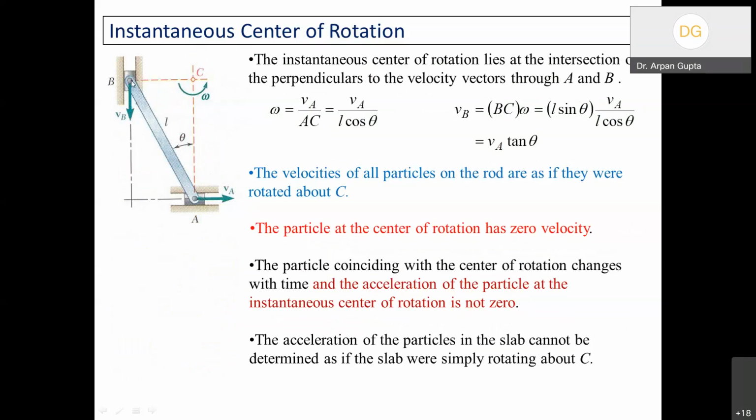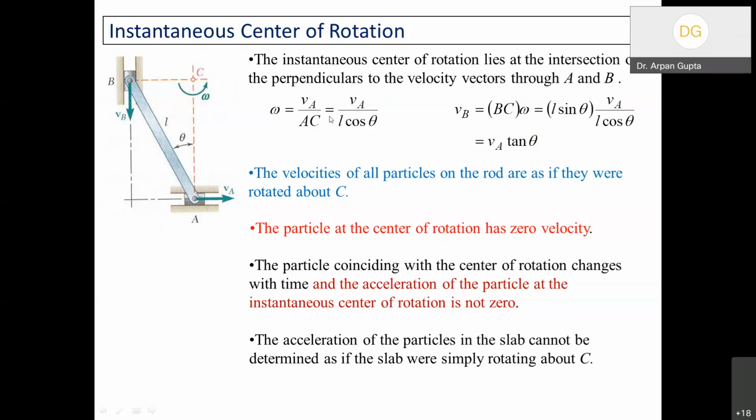Now, if I want to find the instantaneous center of rotation, then we draw the lines perpendicular to these two velocities. Perpendicular to VA is this line here, and perpendicular to VB is this line here, and they intersect at this point C. Therefore, this point C is the instantaneous center of rotation, and this whole body is rotating about point C with an angular velocity of omega.